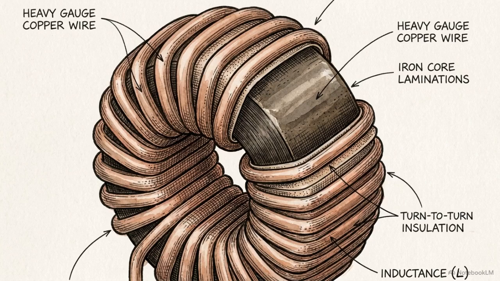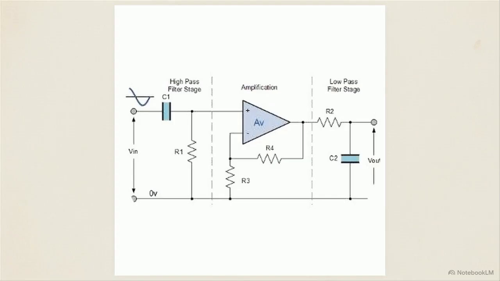At lower frequencies, traditional passive networks relied on heavy magnetic inductors to achieve these curves. Modern low-frequency designs utilize active filter networks. These use operational amplifiers, or op-amps, shown here as the central triangle, to shape the signal. The advantage here is that op-amps allow us to replace bulky inductors with compact resistor and capacitor networks.